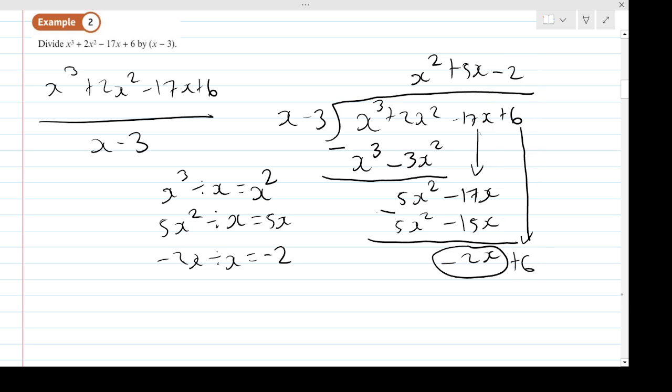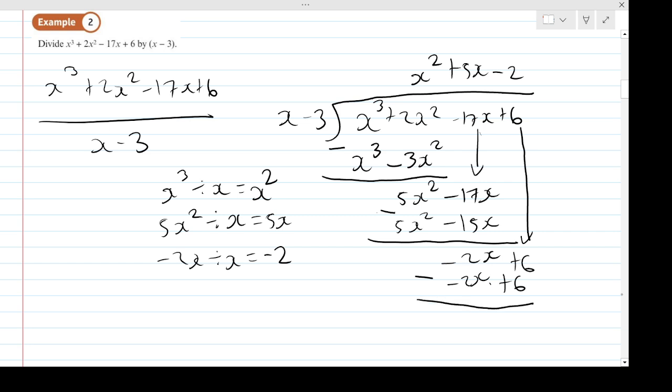And so then I'm going to do the same. So now I have minus 2. Minus 2 times x will be minus 2x. Again, that's great news because they're matching. They're equal. And then minus 2 times minus 3 would be plus 6 there. Okay. And then I'm going to take both equations, top and bottom, together.